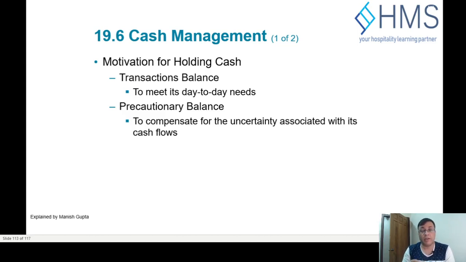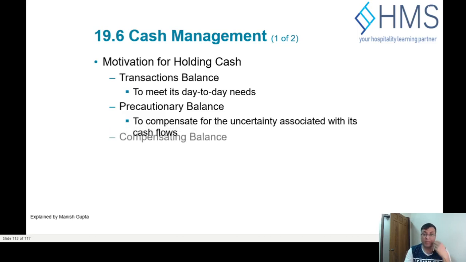So normally you have an average balance to maintain in your company, which is based on your average daily expenses from the past. So you have a trend of expenses, and then you add some buffer stock to maintain an extra stock, in case of any emergency use.